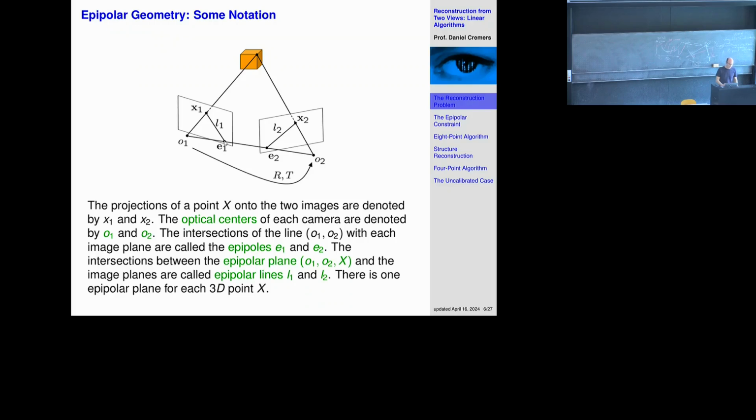In image 1, E1, and in image 2, E2. Now these points need not be in the visible part of the image plane. They can be somewhere outside as well. Here they happen to fall inside the image, but that's not necessary. Especially if the camera predominantly translates, then the epipoles will likely not fall in the visible part of your image, but it doesn't matter.